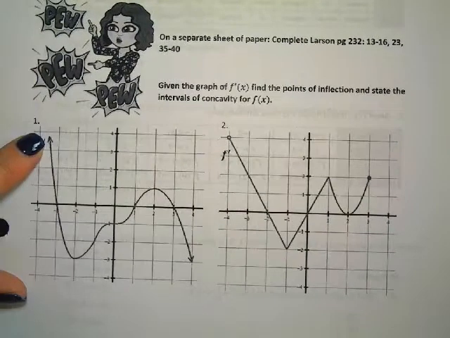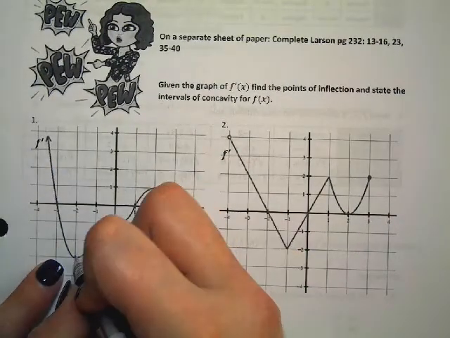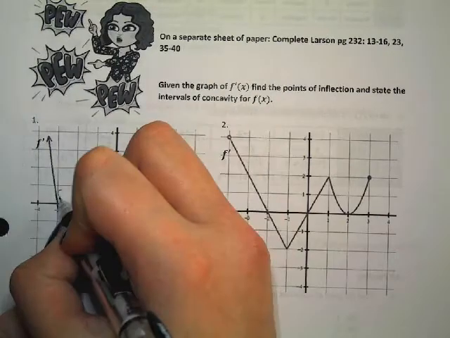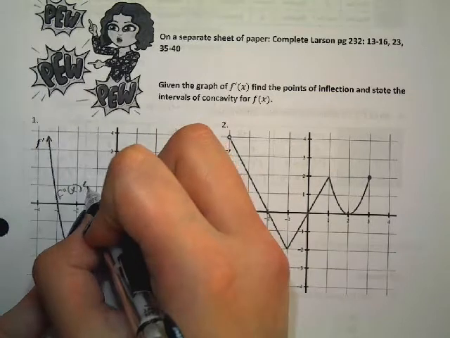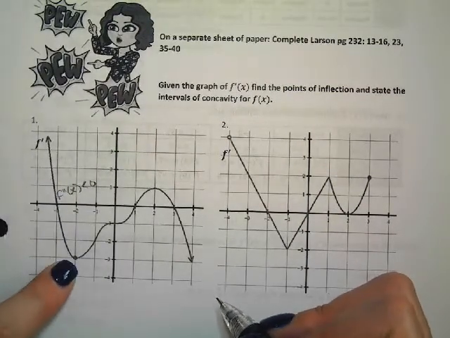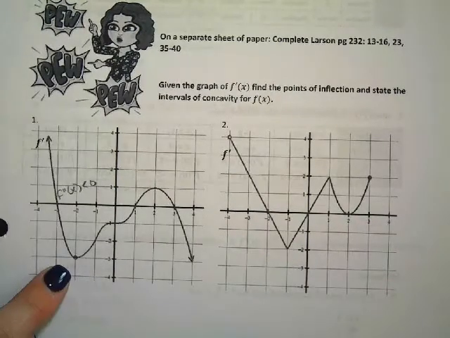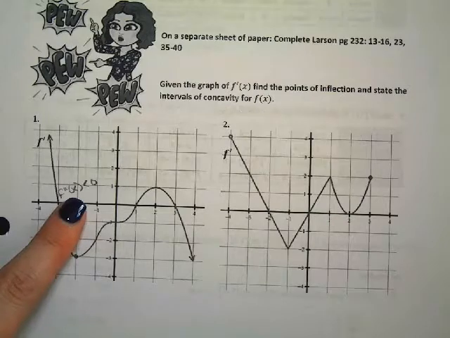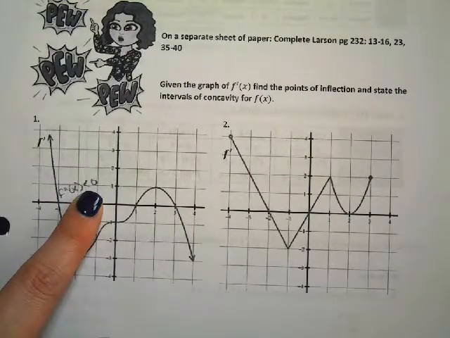So right here, the graph of the derivative is decreasing, and so that means that the second derivative, or the slope of this graph, would be less than 0. You have a negative slope because the graph is going down, right? Negative slope because the graph is decreasing. So I'm going to say the slope of the derivative is negative.